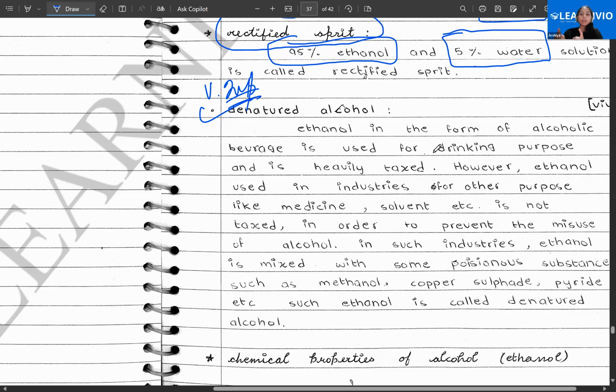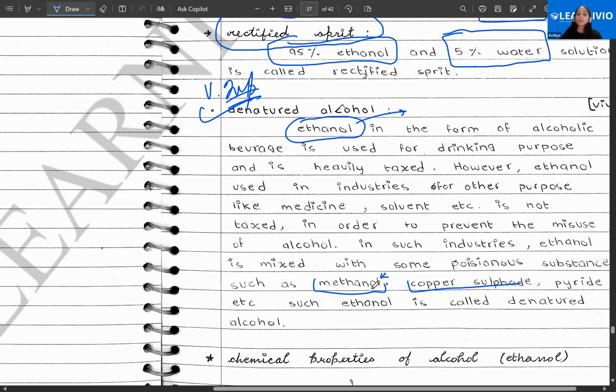So because of that, the government and agencies add something poisonous to the ethanol in the labs, like a little amount of methanol or copper sulfide. This won't affect the use of ethanol, but it is not fit for human consumption.